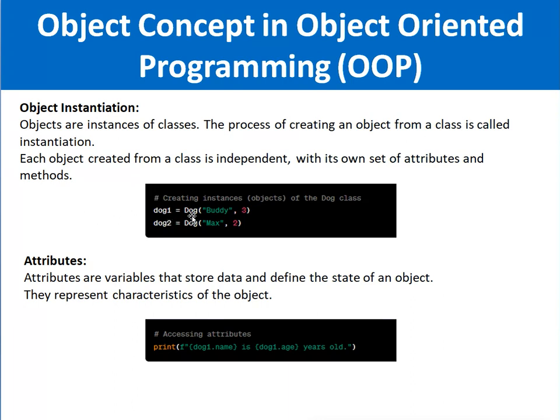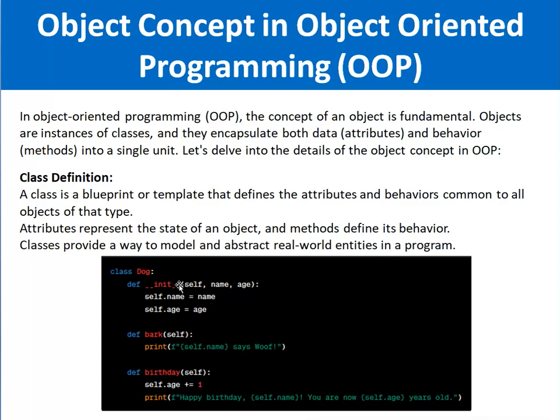Dog1 is equal to Dog("Buddy", 3). Dog2 is equal to an object of Dog with Max, 2. Here we are passing two parameters, name and age. From here this constructor will be called with the name and age. It will set dog1 and dog2 with the parameters name and age.